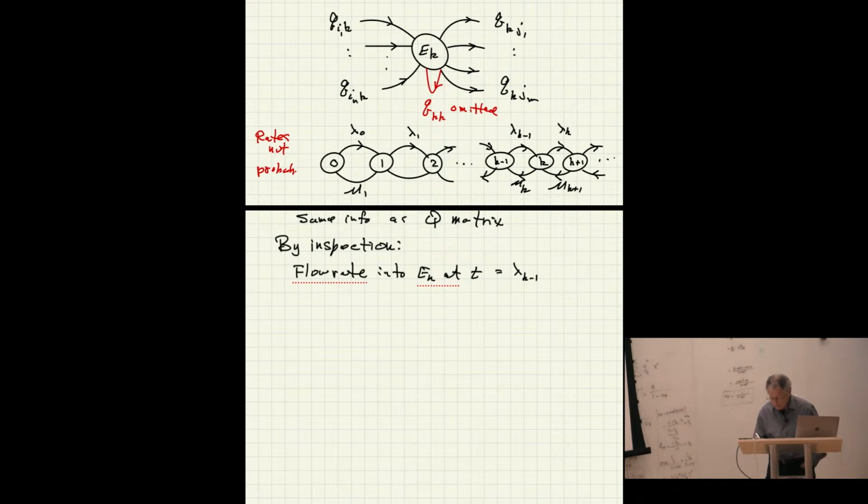But how much was there to come from? It's whatever state K minus 1 had. It had some probability, and it's flowing out. So I'll multiply by the amount of probability that was there, p K minus 1 of t. Similarly, from above, I'm coming in at a rate mu K plus 1. How much was there in that state, E K plus 1? An amount p K plus 1.